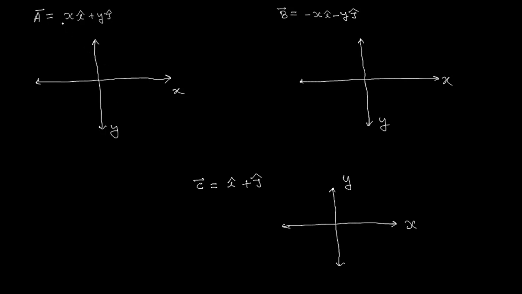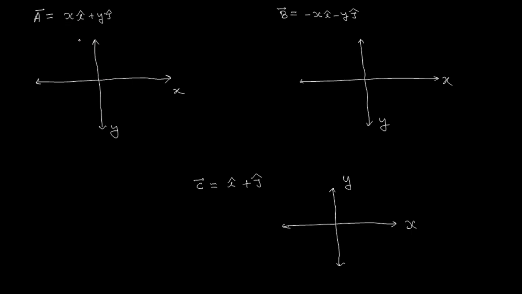When we represent a vector on any plane, we actually represent it as an arrow. The length of this arrow will be proportional to the magnitude of this vector, and the direction of the arrow gives the direction of this vector quantity at that point.